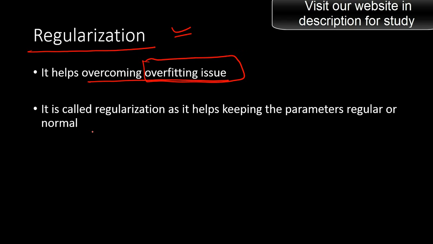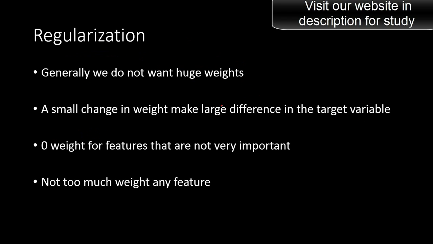So why do we call this regularization? We call this regularization as it helps keep the parameters regular or very normal. Okay, and we'll understand what regular and normal means when we say that the parameters have to be regular and normal.